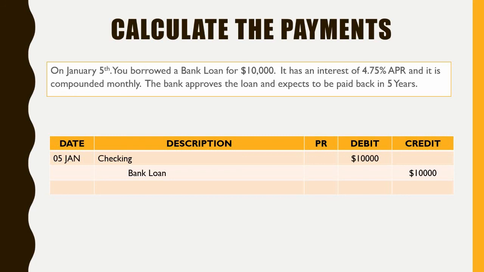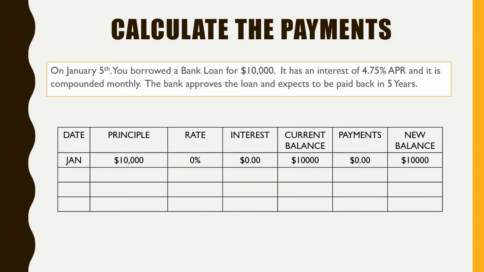So in this case, I borrowed $10,000. Of course, when you first get your loan, you're not going to get charged interest right away. You get charged interest the month after, because right now I just borrowed the money. So I get one free month without any interest.